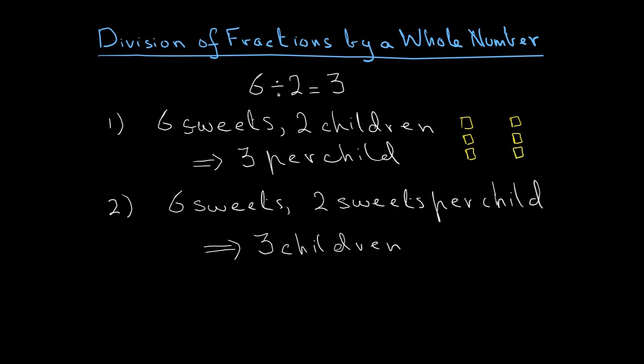Here you know the number of sweets per child, so you know that each child gets 2 sweets, and you're trying to figure out, so maybe I should make it vertically to make it more consistent. So maybe what you know is that each child is getting 2 sweets, but now you want to get to 6, so that means there must be 3 children, and that's the interpretation.